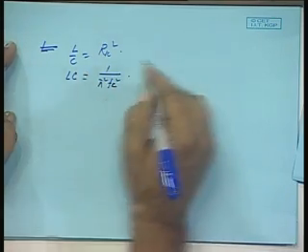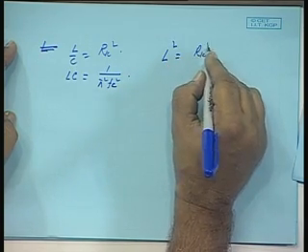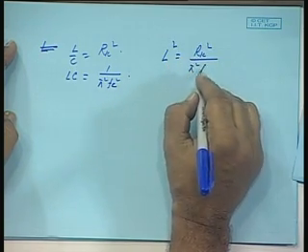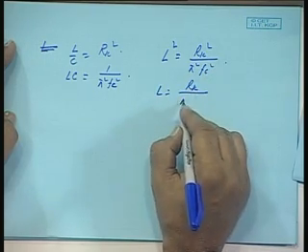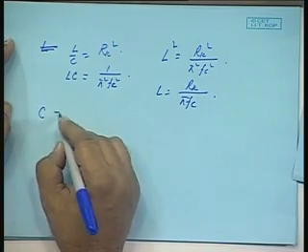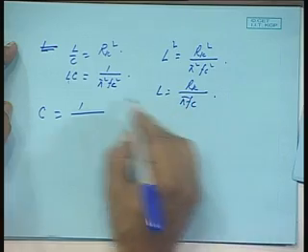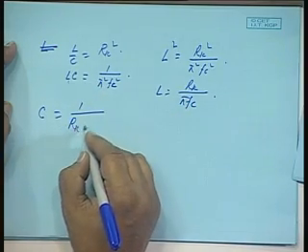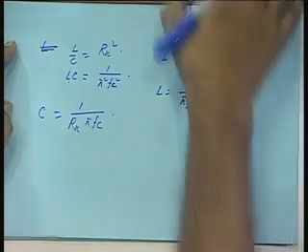So, if I take the product, L squared is equal to R k squared by pi squared f c squared, or L is equal to R k by pi f c. Similarly, C can be computed from either of them by substituting the value of L, giving 1 by R k pi f c. Okay.